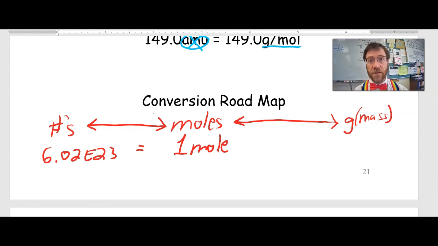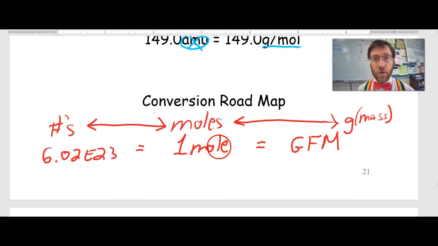That's when you're dealing with numbers. Now, when you're dealing with atoms and molecules, 1 mole of any substance is equal to its gram formula mass, or its atomic mass, or its formula mass, whatever mass you want to call it. That mass in grams is equal to 1 mole, and this is how we're going to get from one thing to the other.